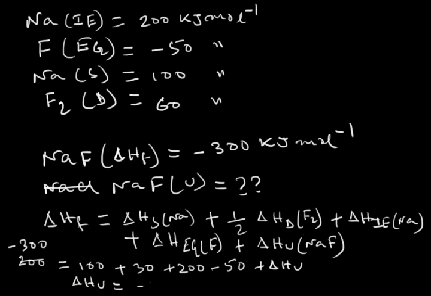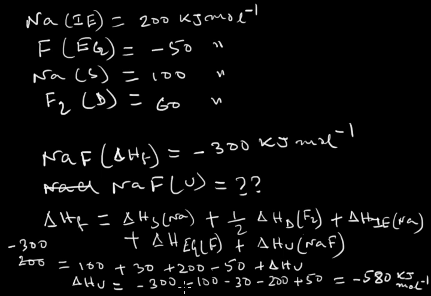It is minus 300 minus 100 minus 30 minus 200 plus 50, and the value is minus 400 minus 430 minus 630 plus 50, that is minus 580 kilojoule per mole.